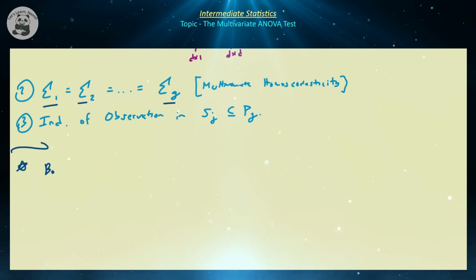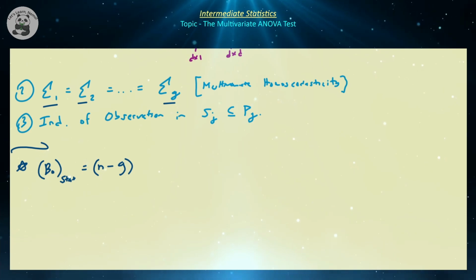So the Box test, which I'm going to abbreviate as BO stat, since BA is going to represent our Bartlett, which is the univariate version. So this can be equal to n minus g, where n is the number of observations across each of our samples, g is the number of groups we're dealing with, and then we have our total degrees of freedom, which is just nu1 plus nu2 down to nu g, where nu j is equal to nj minus 1.